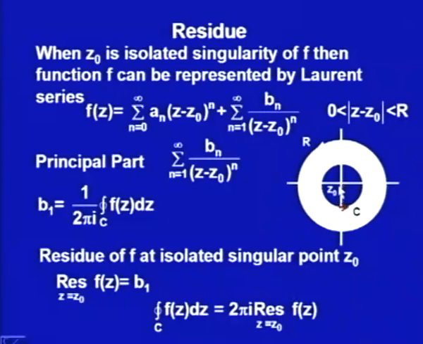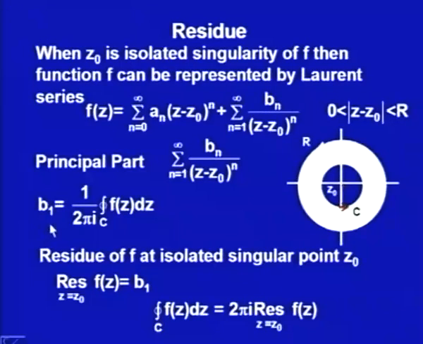If it is a singular point, we know we could write it as a Laurent series, or we could find its residue, that is, in the principal part the coefficient of 1 upon z minus z naught, which we have called the residue, and that we are getting from here. Now, since we know that we do not always obtain the Laurent series by those integral formulas, we obtain the Laurent series in many manners.